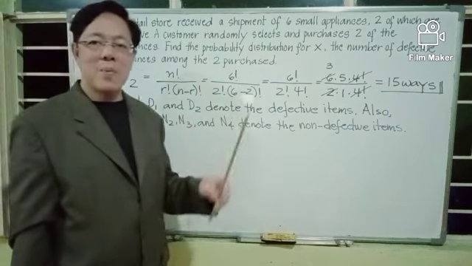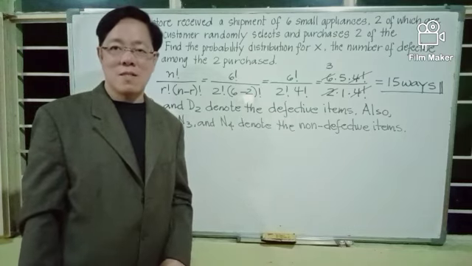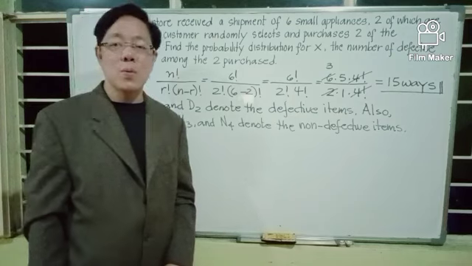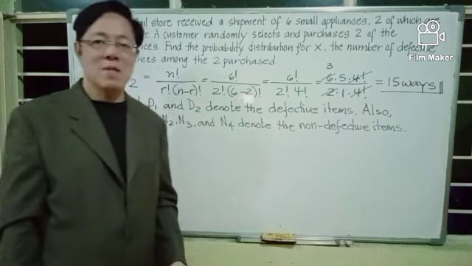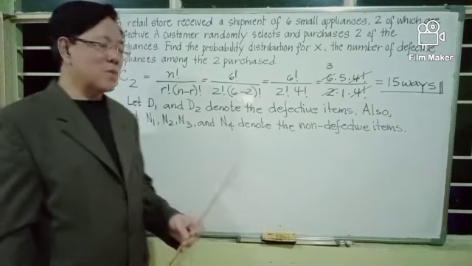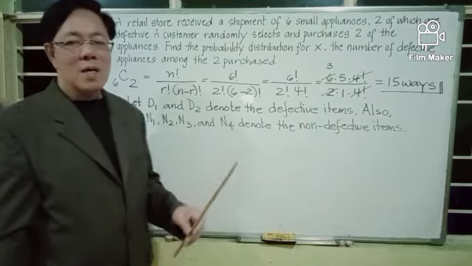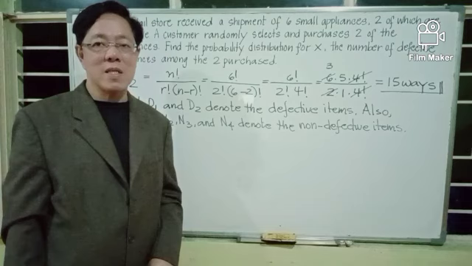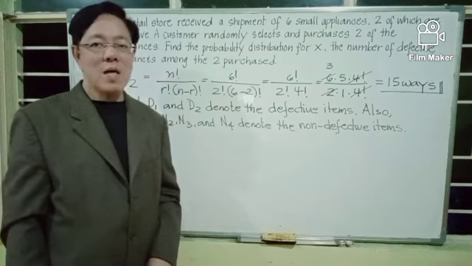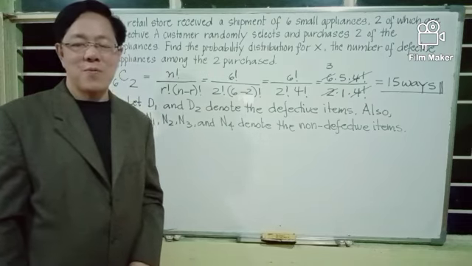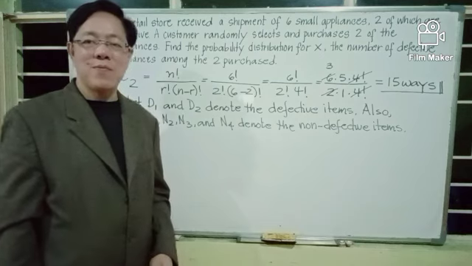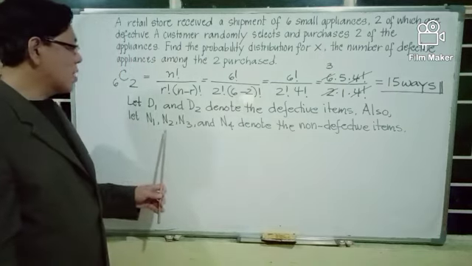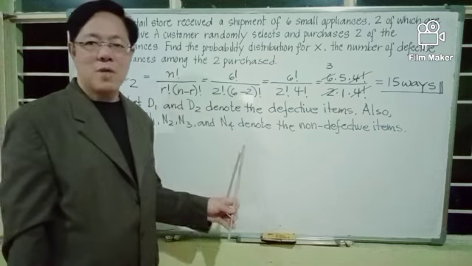It is given in the problem that of the 6 small appliances delivered to the retail store, 2 items were defective. Hence, that means that the other 4 items are non-defective, and we denote these 4 non-defective items by N1, N2, N3, and N4.